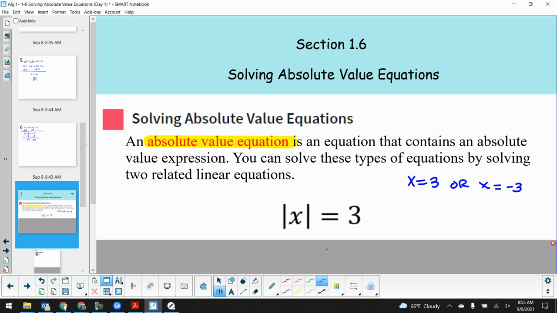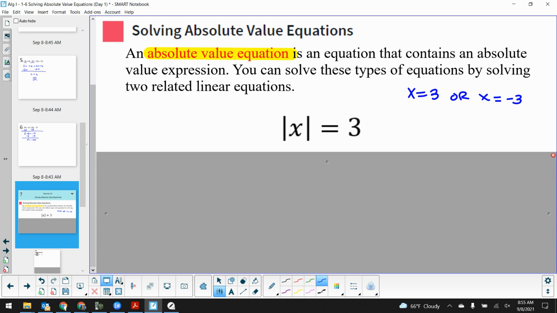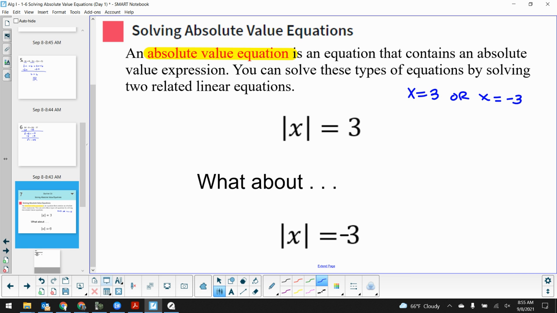We're going to see how that applies to more equations, but let's first take a look at this. What changed? Yeah, I've got the absolute value of x is equal to a negative 3. Can absolute value ever equal a negative number? Can you ever get out a negative number after you run an absolute value?